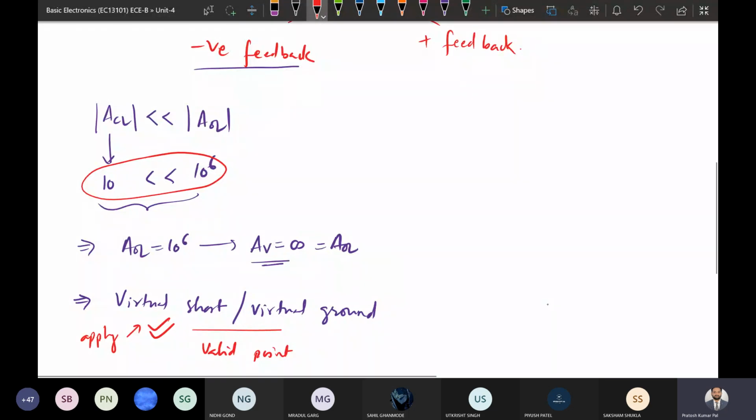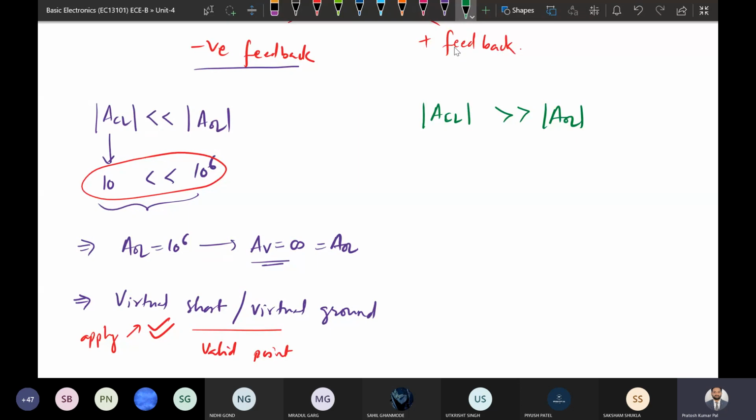Similarly, in the other case, if it is positive feedback, the closed loop gain will be very high compared to open loop gain, because in a circuit with positive feedback the gain will be very high compared to open loop gain.